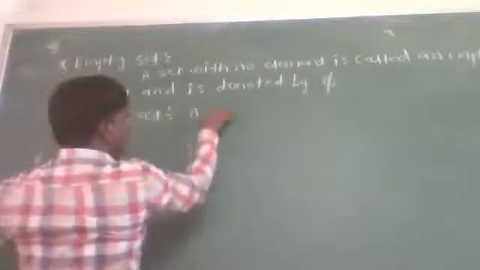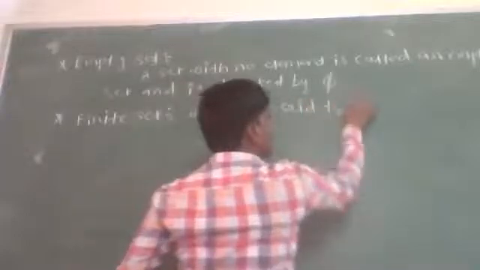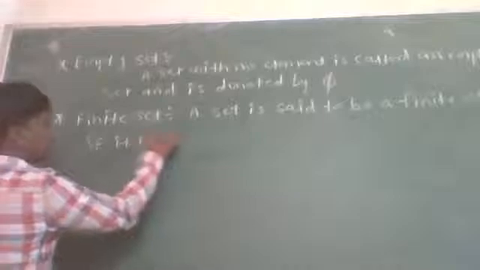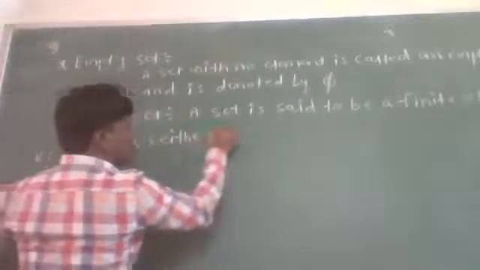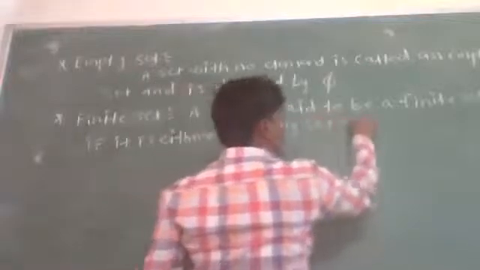Now let us see what is a finite set. A set is said to be a finite set if it is either an empty set or it has a finite number of elements.